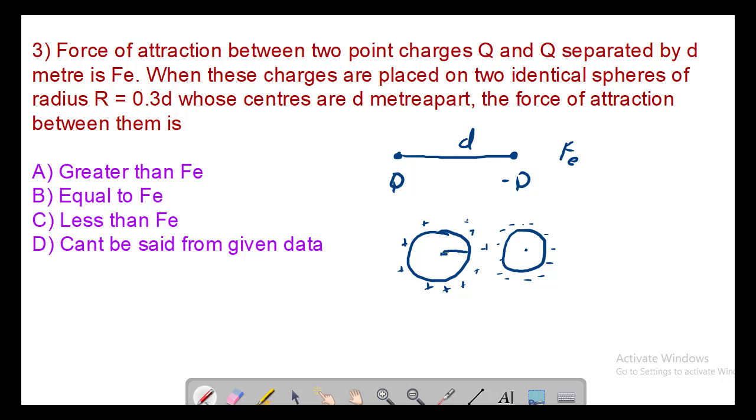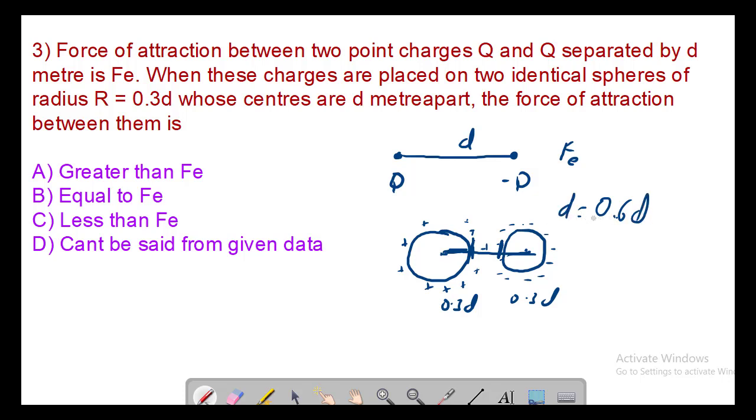Now the distance between their centers is given as d, and this radius is 0.3 d, and this radius is also 0.3 d. So out of this entire d, the two radii take up 0.3 d plus 0.3 d, which is 0.6 d, and the total distance between the centers is d.